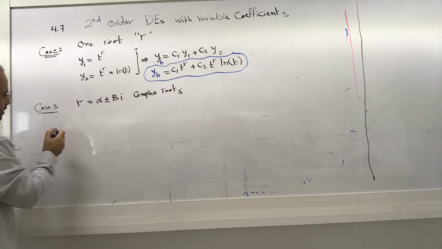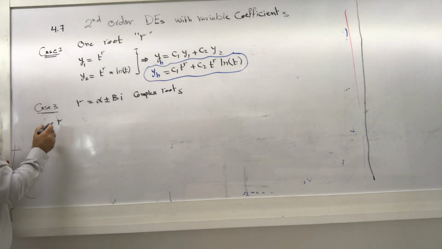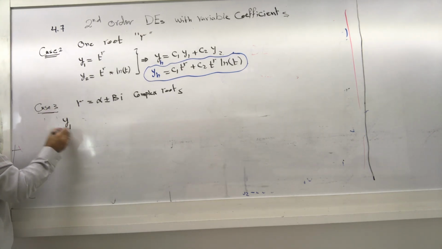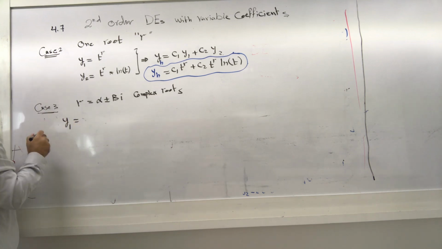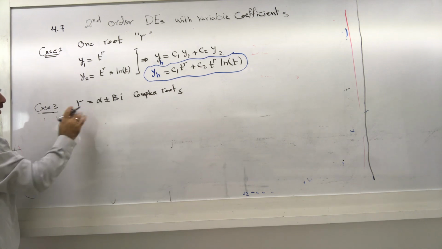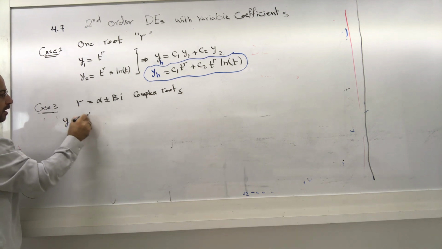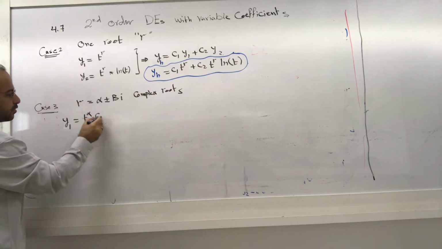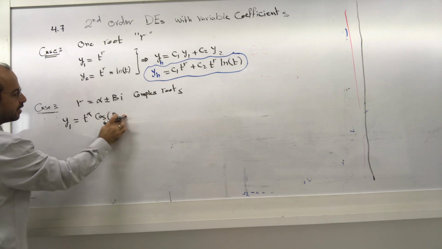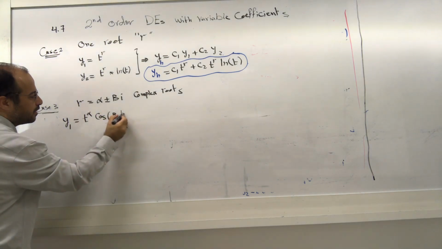Then you know what is the story. We know what is r1 and what is r2, then your y1 will be, not like before where you go with e power alpha t, now you go with t power alpha, and then cosine beta. You will not have t here, you will have ln of t.